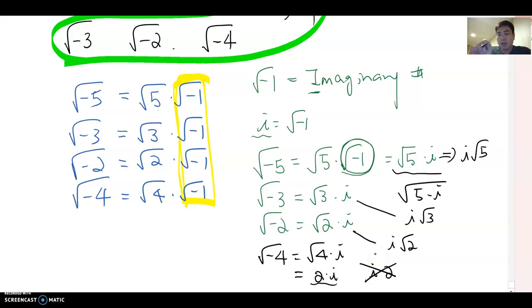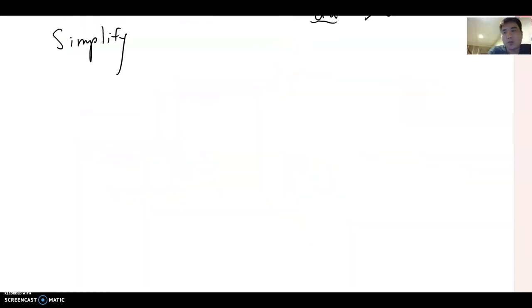Which means if i is with any rational number, then write it in the rational times i form. And if you see any radical number, then make it i times the radical number. That's how we write it. Okay, then let's look at several examples and simplify those values. First, I'm going to give you root negative 25.